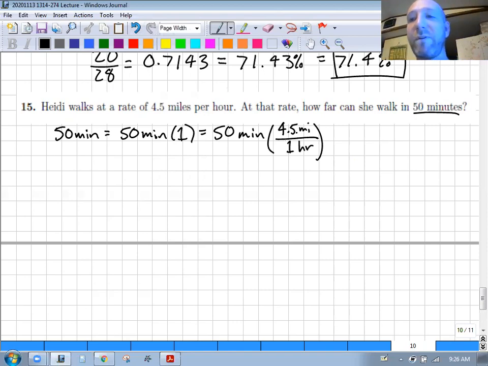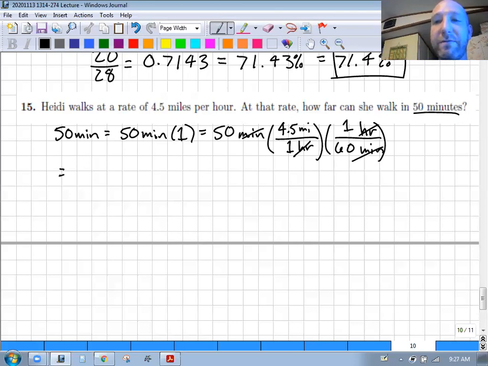4.5 miles is the same as 1 hour. But we have minutes and hours here, right? We got to get rid of minutes and get rid of hours. So put minutes down here, so the minutes and minutes go away. Put hours up there, so the hours go away. We know 1 hour is the same as 60 minutes, right?